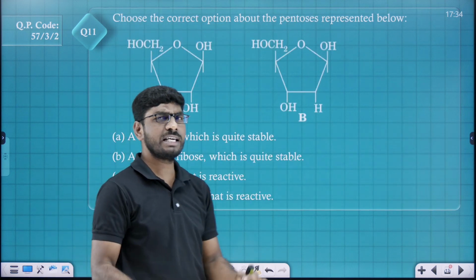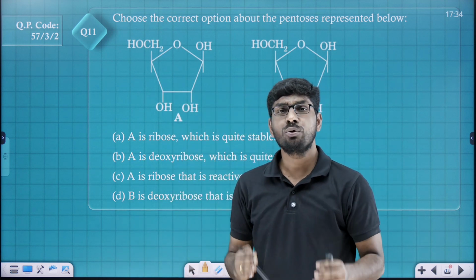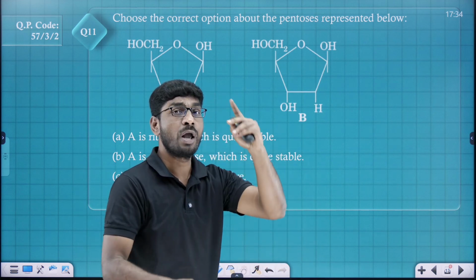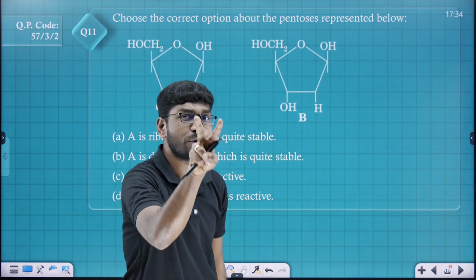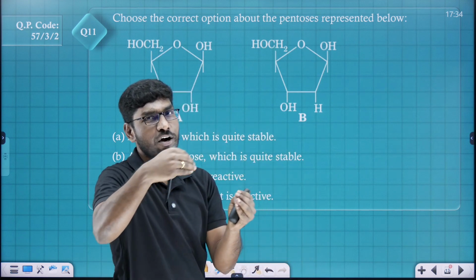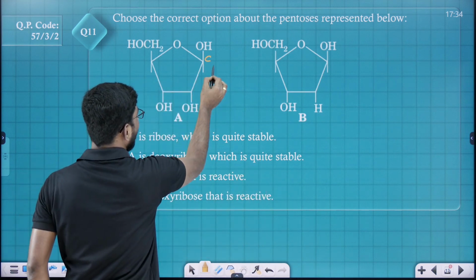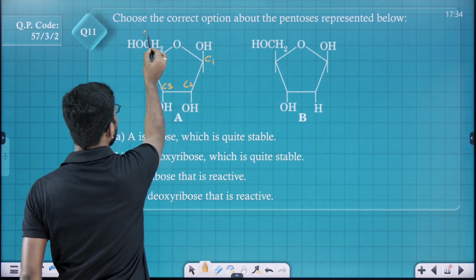Very, very easy question. Look at here. There are 2 pentose sugars given. Pentose, 5 carbon compound. In the Biomolecules chapter in the 11th grade we also discussed. Pentose sugars are 2 types: ribose and deoxyribose. Look at here. This is carbon number 1, carbon number 2, carbon number 3, carbon number 4, and carbon number 5.